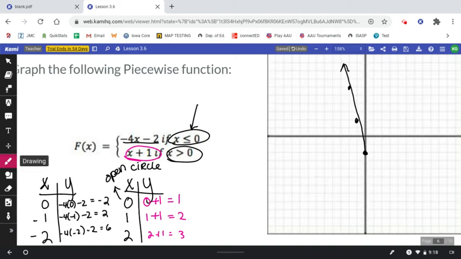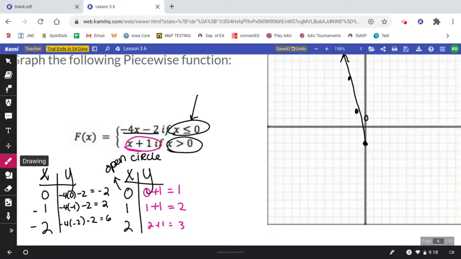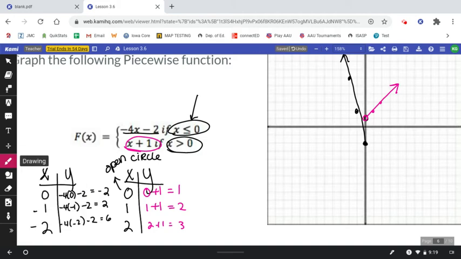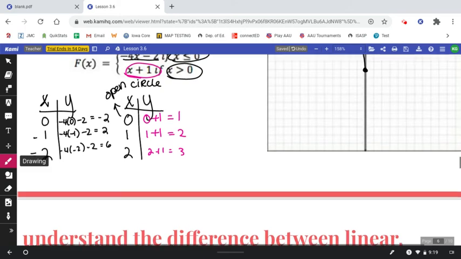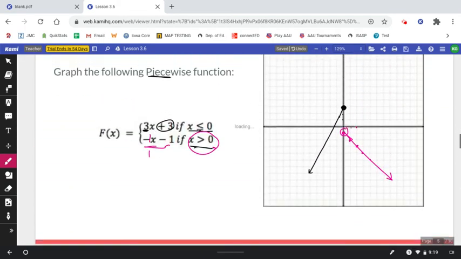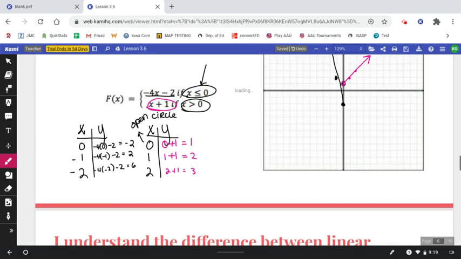For the pink line, I know that it's open, and I have 0, 1, 1, comma 2, and 2, comma 3. And I've graphed both pieces on the same graph. So those are the two different ways that you could do each of these problems.